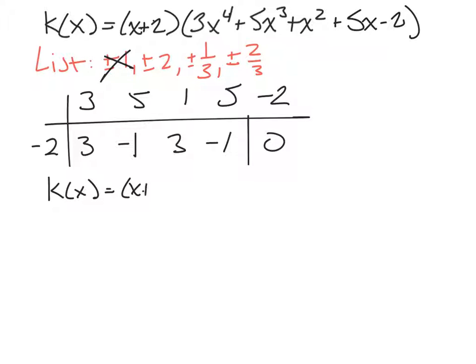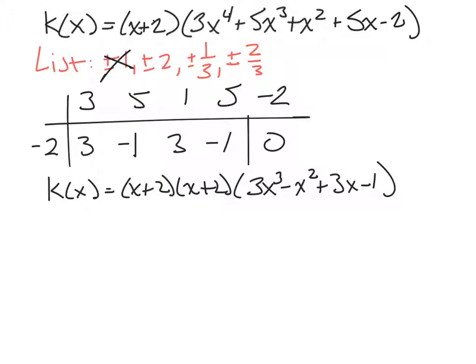So right now we got the first x plus 2 and another x plus 2. And then we'll be left with 3x to the third minus x squared plus 3x minus 1, which can definitely be factored by parts. So let's do that. Since we have two of these x plus 2's as factors, we could just rewrite it as x plus 2 squared.